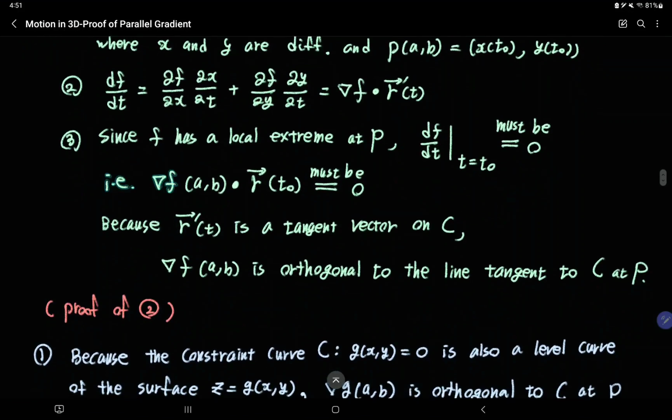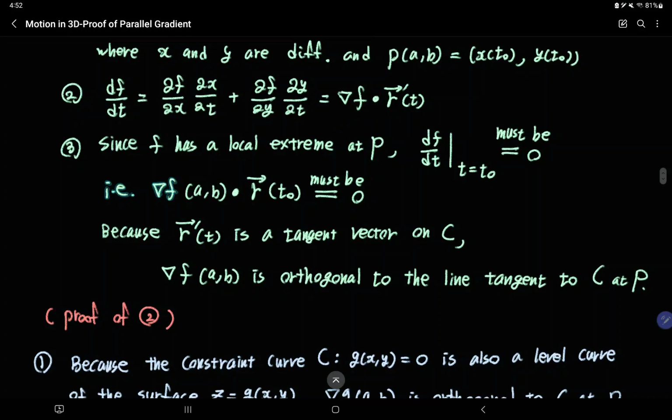And r prime is a tangent vector on C. So gradient f is orthogonal to the line tangent to C at point P.